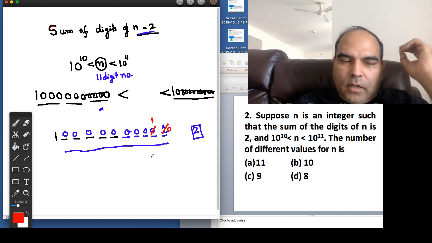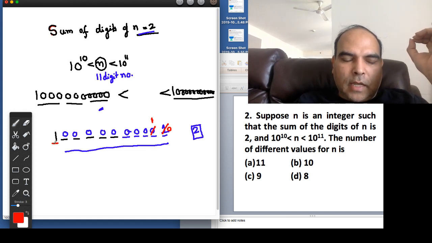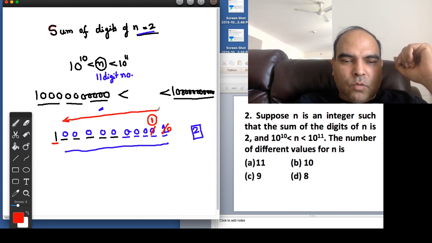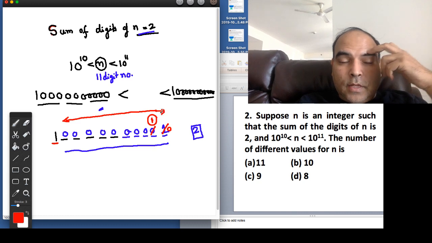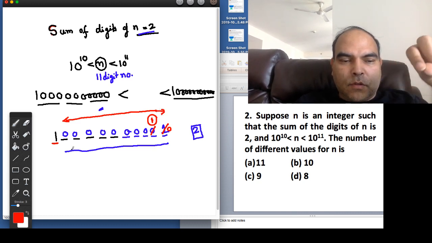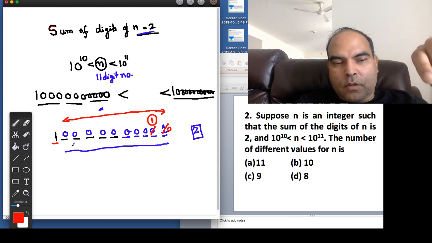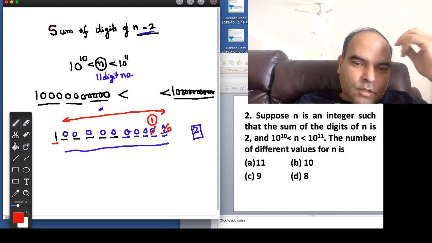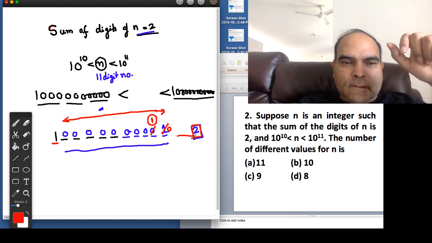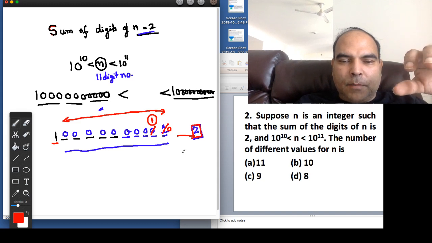So basically, as far as this 1 is fixed in the starting place, the other one can vary between any of these 10 digits. So starting with 1 1 followed by 9 zeros, or 1 0 1 followed by 8 zeros, to 1 and then 9 zeros 1, the sum of digits would add up to 2 only. So these are 10 such numbers.